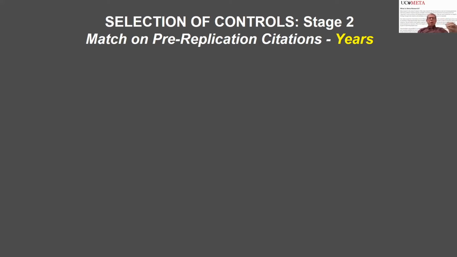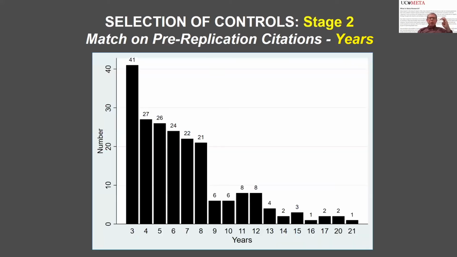So looking at the first dimension, that gives you an idea of the distribution of years between when the original was published and the replication was published. So we want to match our controls to have the same time period, the same citation history.